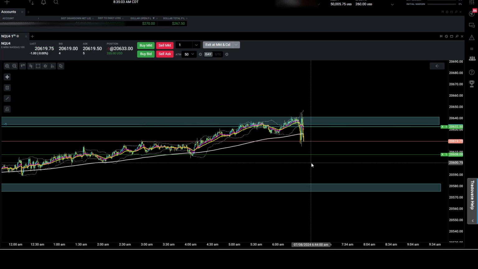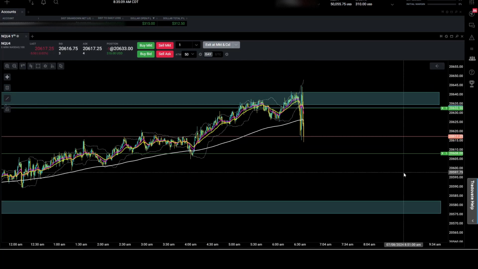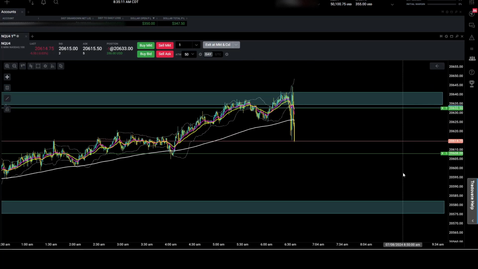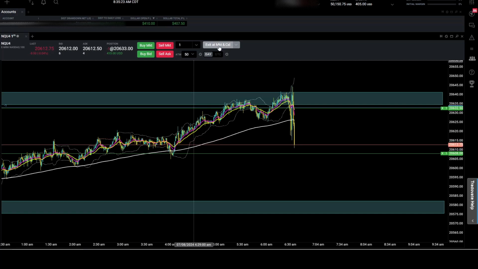Target's in a good place, down at this order block here. See if we could make a new low. Hit that target. We start to wake up. I might just close early. Could be trapping more sellers.